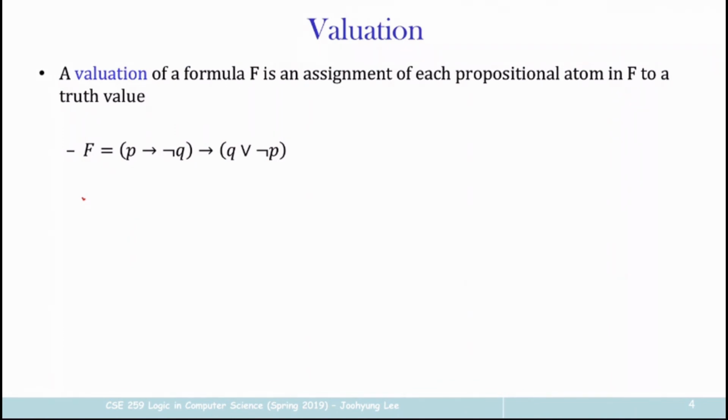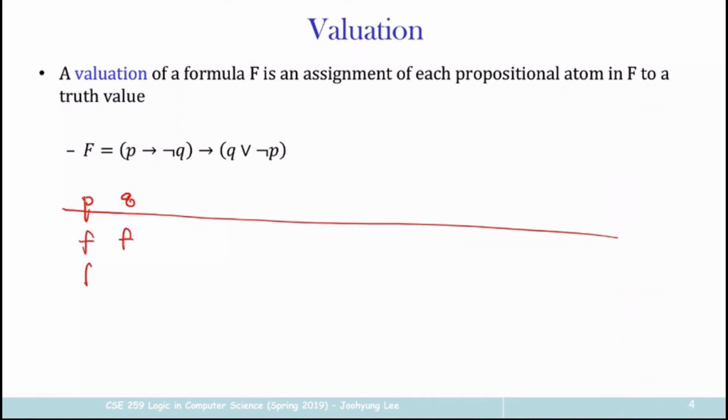Usually people draw a so-called truth table. So P and Q can be false-false, false-true, true-false, true-true. And then we apply these to more complex formulas.